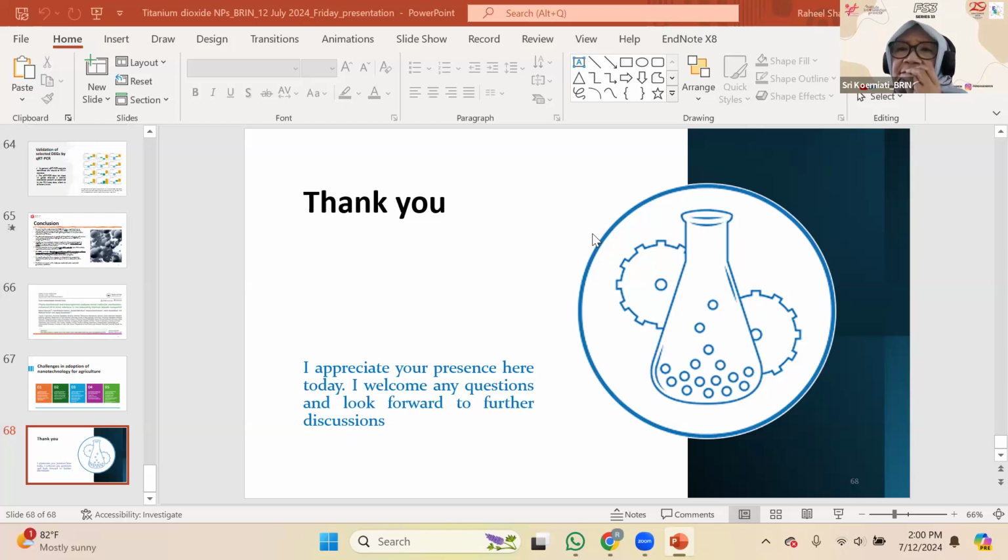What are the differences, or advantages and disadvantages, of the synthesis and use of nanoparticles from metallic and non-metallic elements for agriculture? The second one: what factors influence the uptake of nano-elements by plants, whether applied through soil or foliar application?